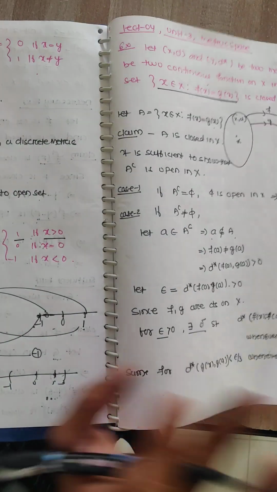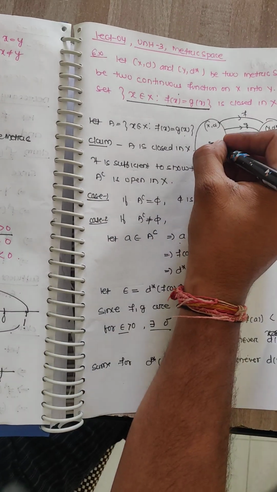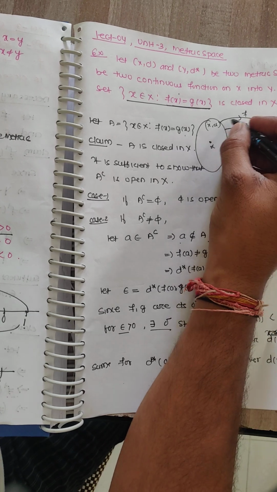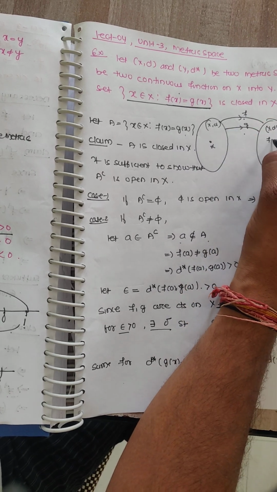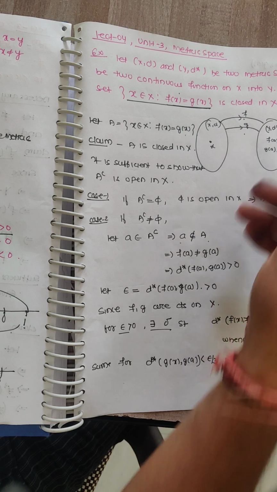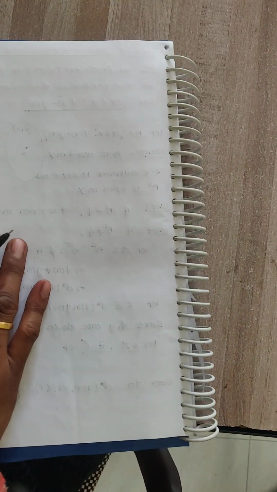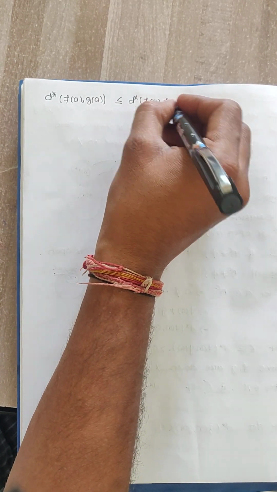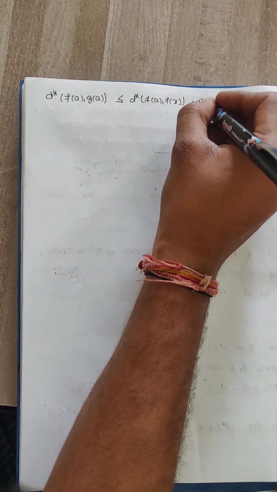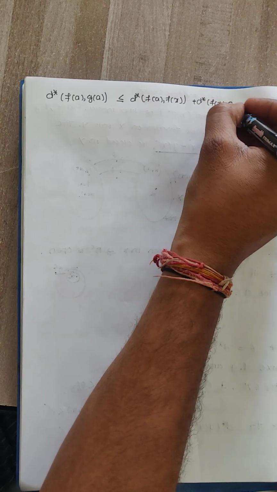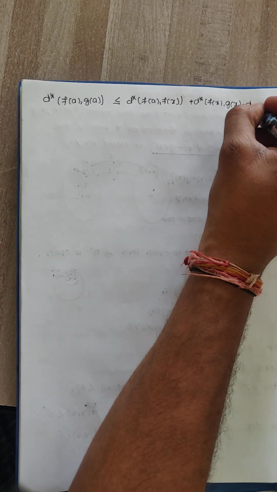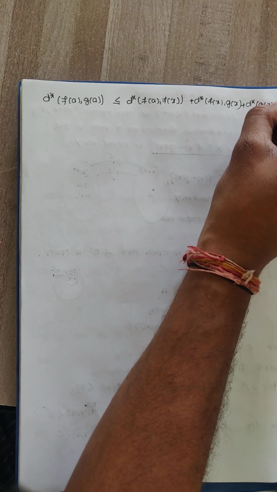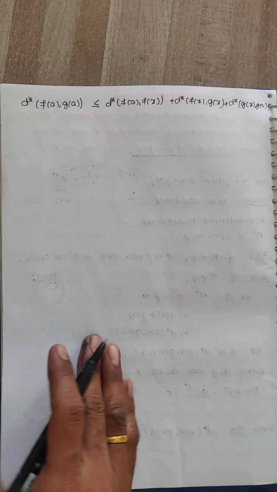We have two points a and x. f and g are two functions, so f(a) and g(a) both belong to Y. So the distance between f(a) and g(a), by the triangle inequality, is less than or equal to the distance between f(a) and f(x), plus the distance between f(x) and g(x), plus the distance between g(x) and g(a), as a law of the triangle inequality.